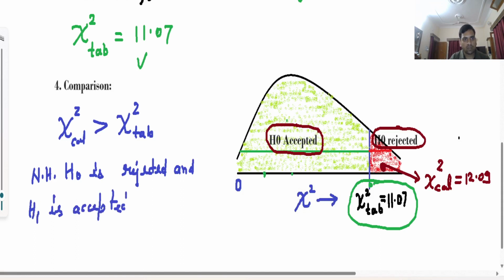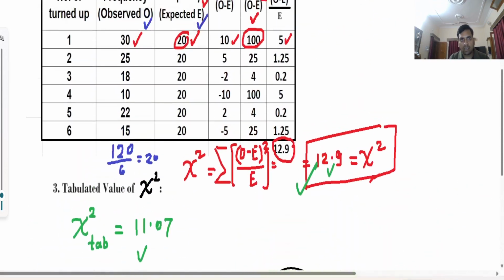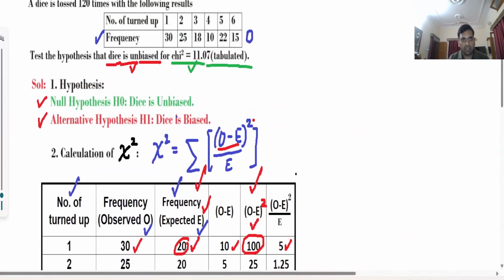It's the opposite. If H0 is rejected, then the second hypothesis is considered accepted.